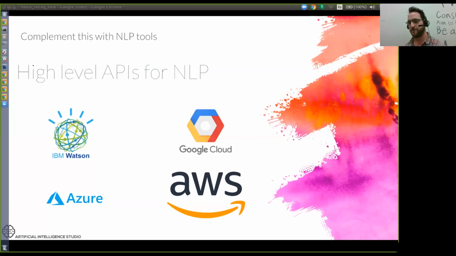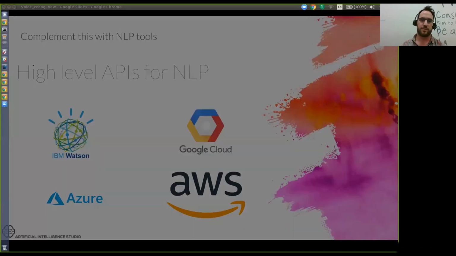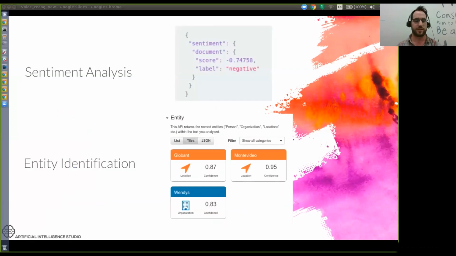It's very similar, not exactly the same; this is a broader term. These companies also offer sentiment analysis. For example, you can do speech to text, then analyze the text and know if the person has said something negative, positive or neutral.